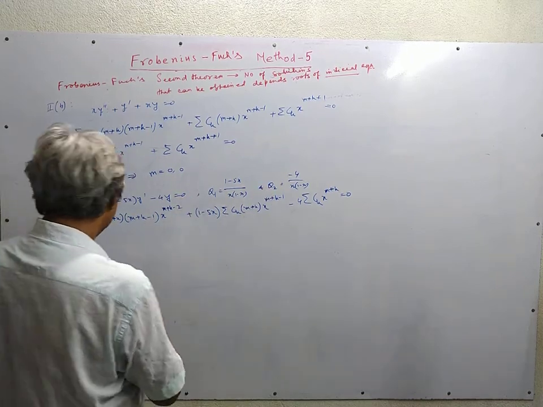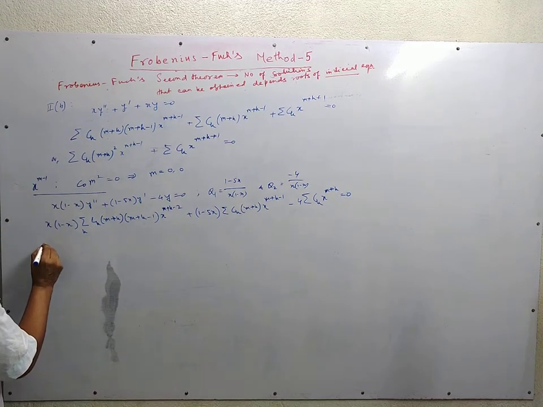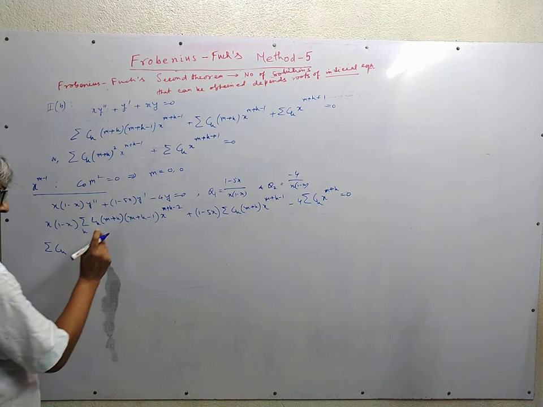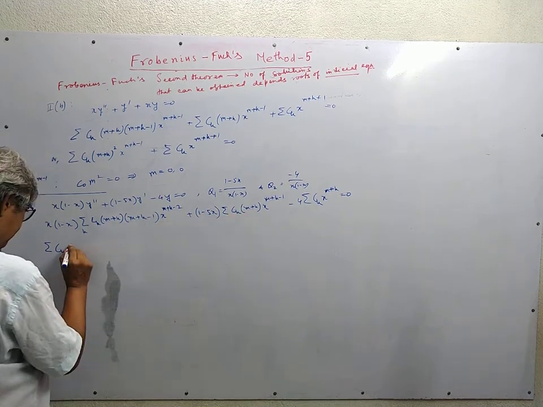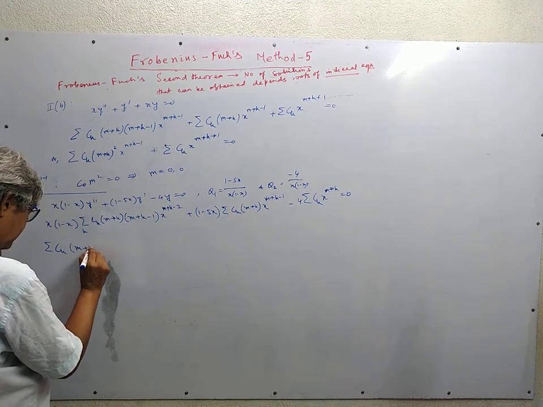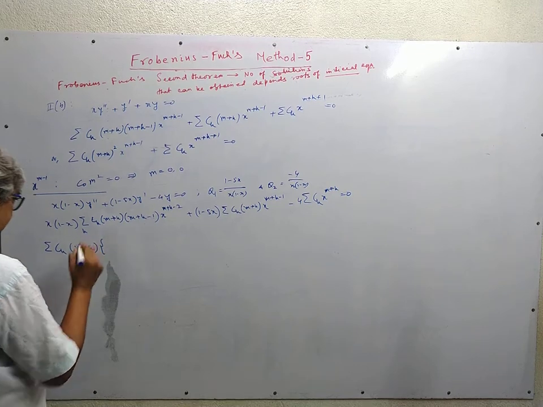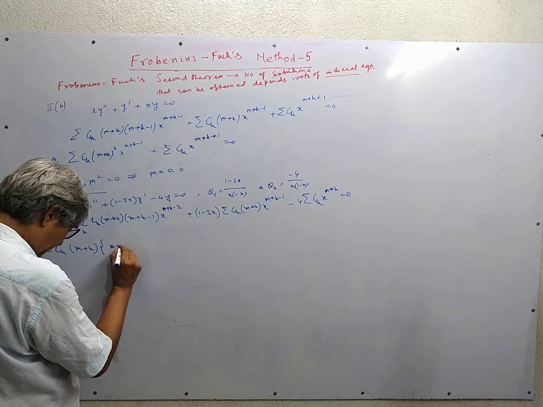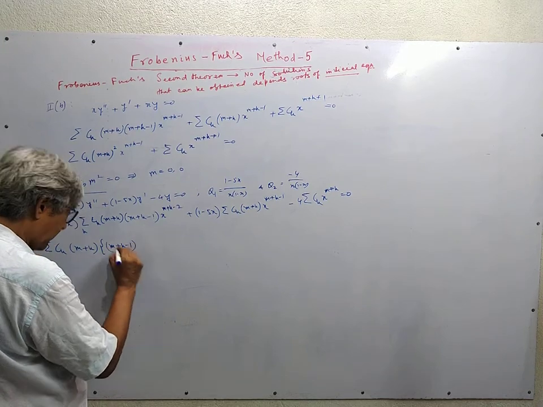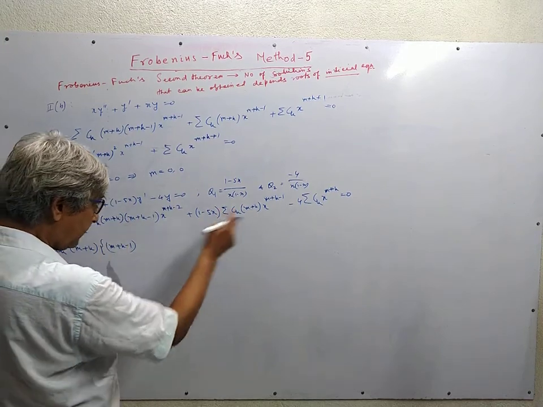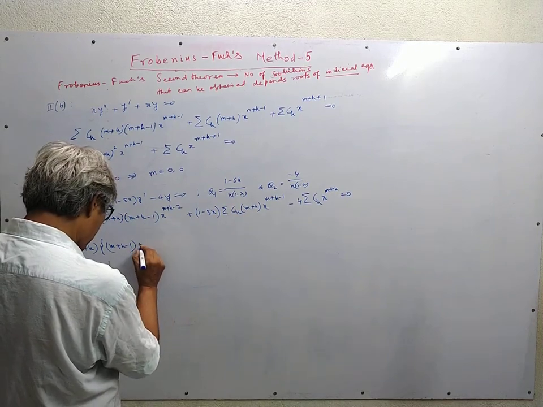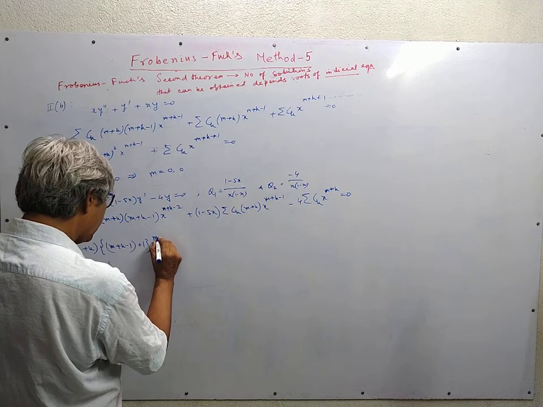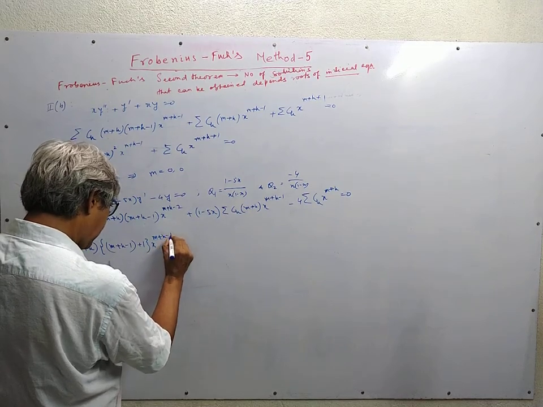So summation over ck, m plus k is common everywhere, so it is m plus k minus 1 from this term, and from this term it is plus 1. The coefficient is x to the power m plus k minus 1.